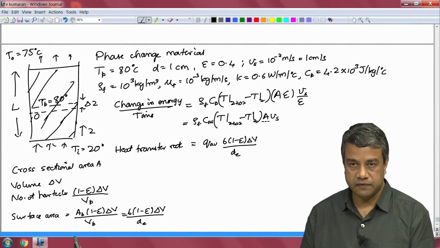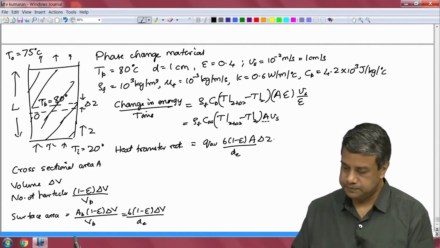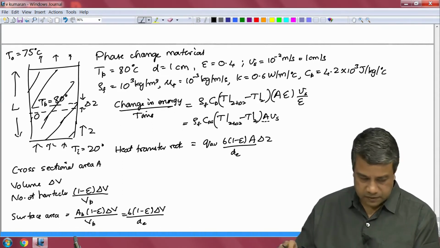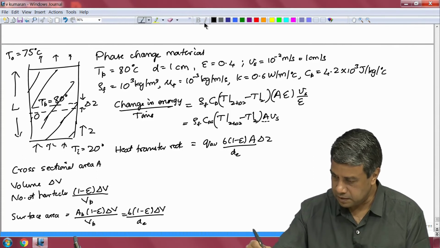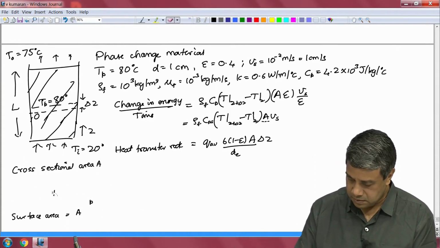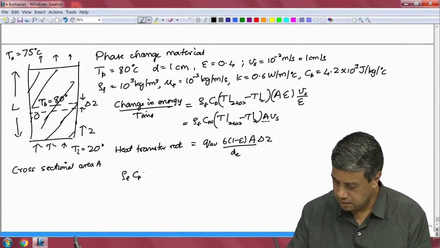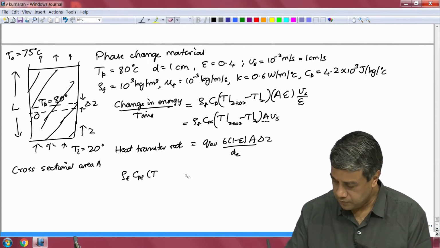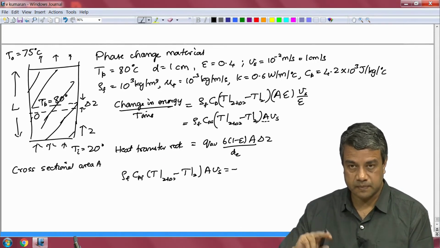And delta V in this case is the product of the cross sectional area times delta Z. So therefore, if I put these two together, I will get, at the location Z plus delta Z minus T at the location Z, A Vs. I am sorry, it is a plus sign because heat is transferred from the particles to the fluid.